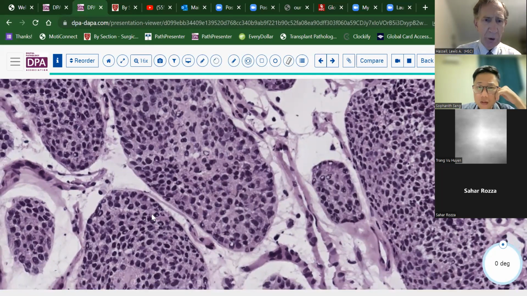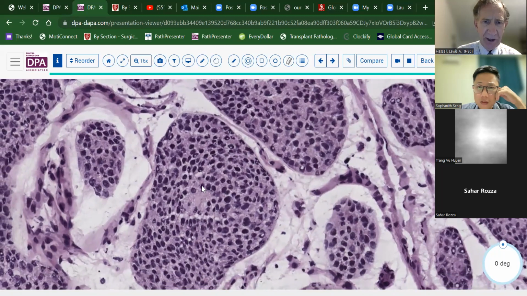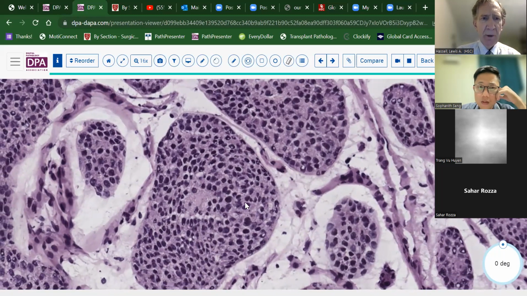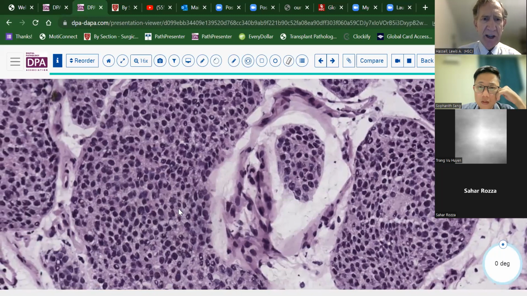Things that might help us with that are areas like this, where you have a little bit of neuropil type of structure being formed, and that may suggest neuroblastoma. But we'd also have to consider things like sinonasal undifferentiated carcinoma, some poorly differentiated neuroendocrine tumors, and other sorts of lesions of that sort in the differential.